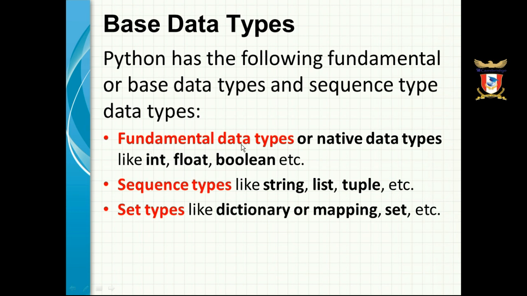In fundamental data types we have types like int, float, boolean, etc. In sequence data types we have string, list, tuples, etc. And in set data types we have dictionary.